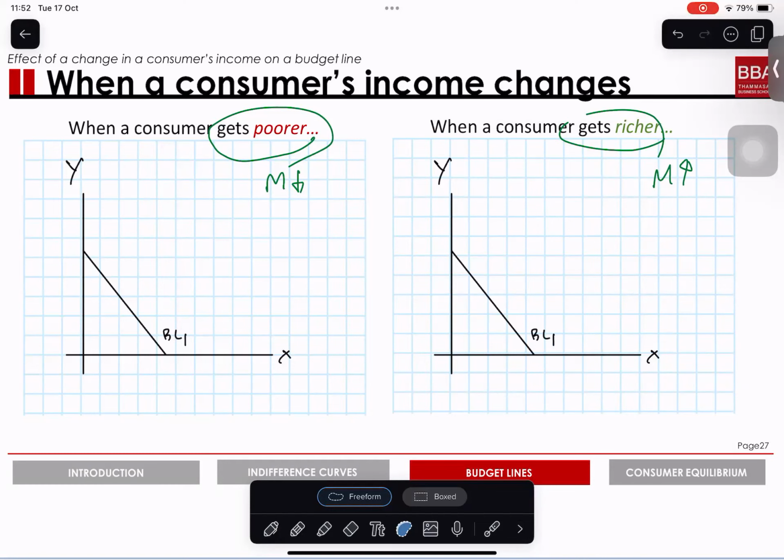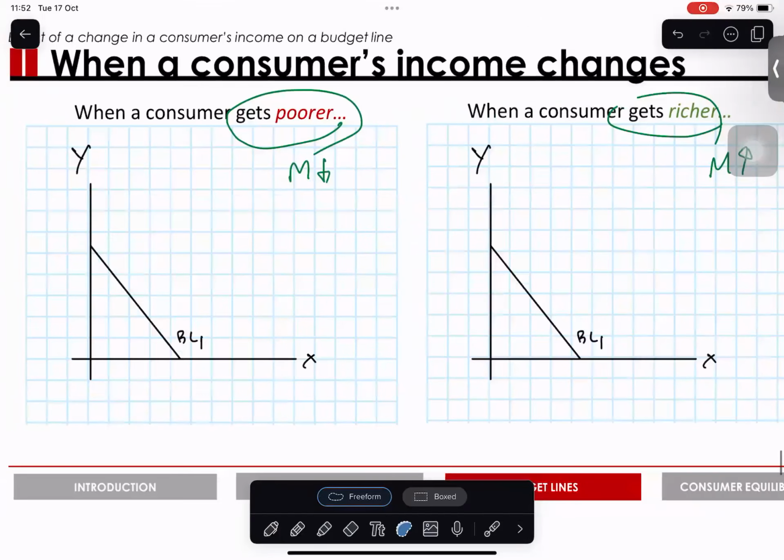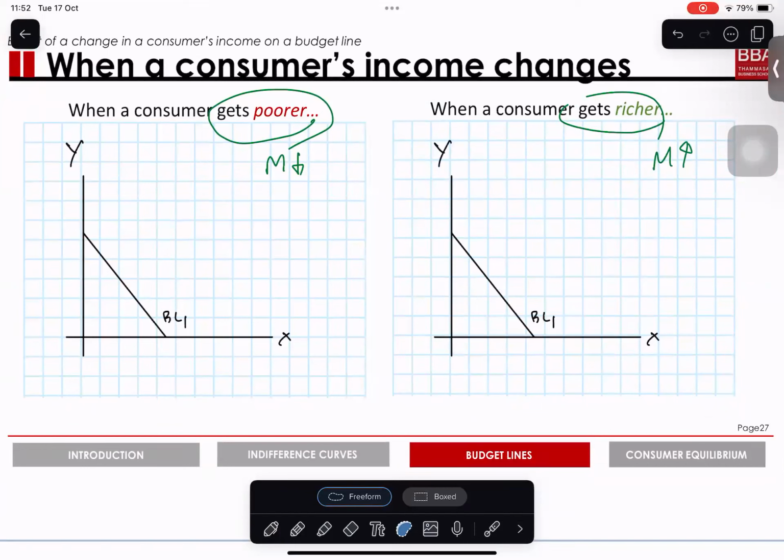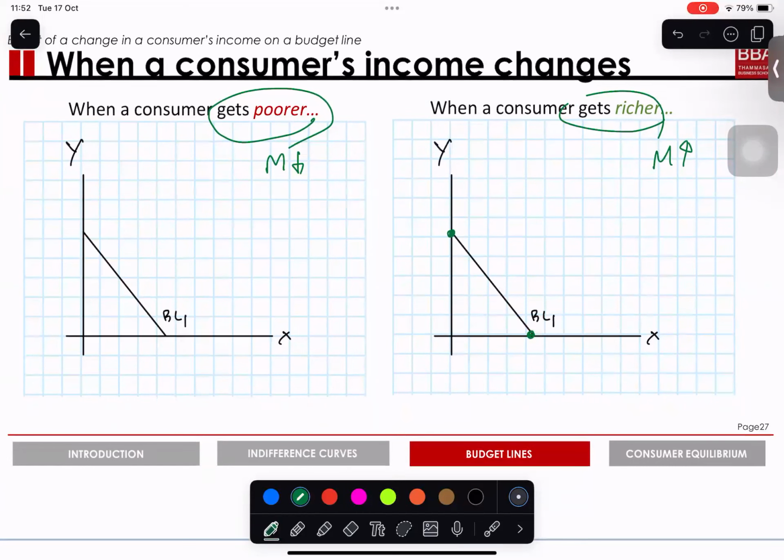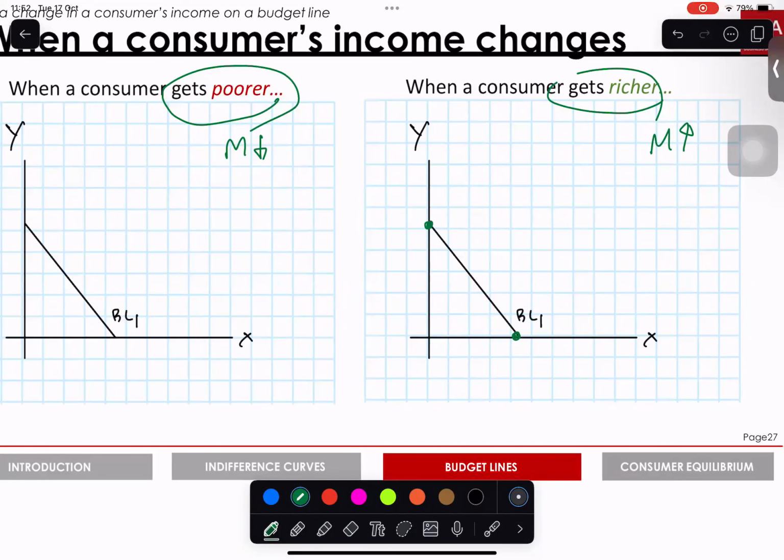When the consumer becomes richer first, and you do it when he becomes poorer. If we want to put more content on this spot, M over PY, M over PX.